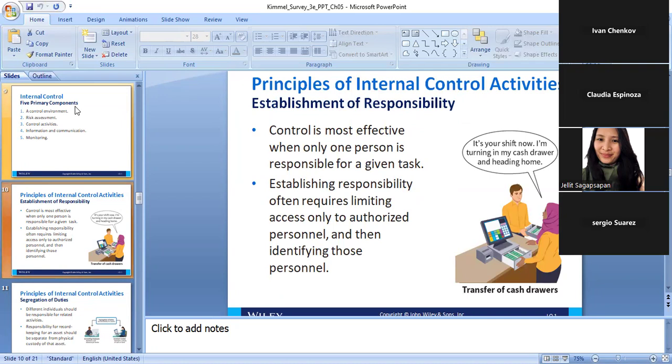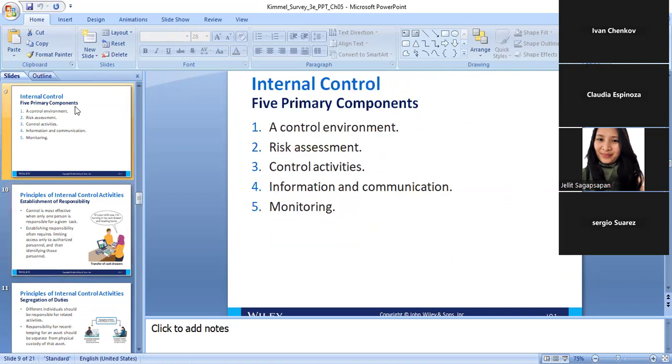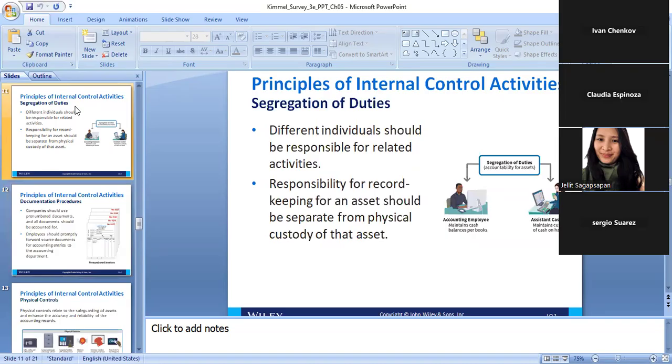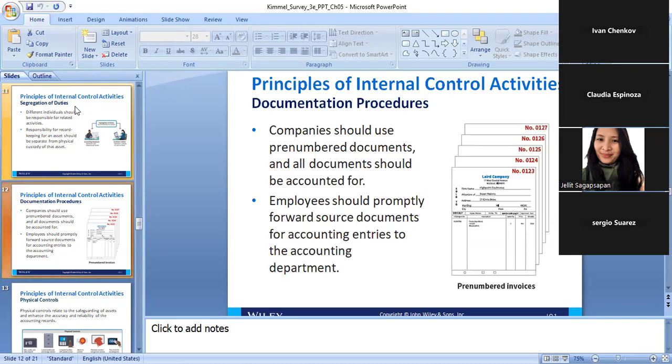Principles of internal control activities. If we go with the internal control activities, the first one is the establishment of responsibility. Second one is the segregation of duties. Third one, documentation procedures.